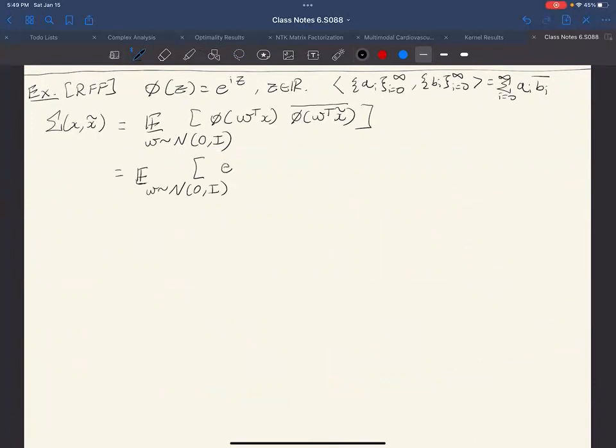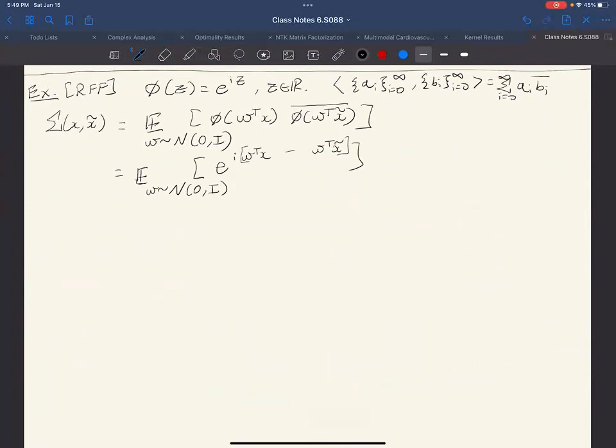Phi of w transpose x is just e to the i w transpose x. Phi bar of w transpose x tilde is e to the minus i w transpose x tilde, because we had to take the conjugate. Now I can simplify this. I group the terms together, and I factor out an i, and I'm left with this difference here.